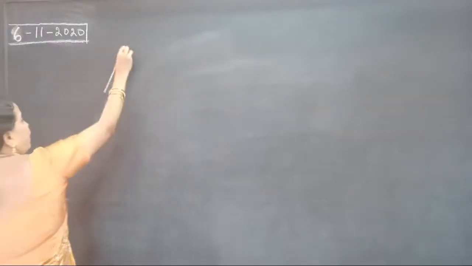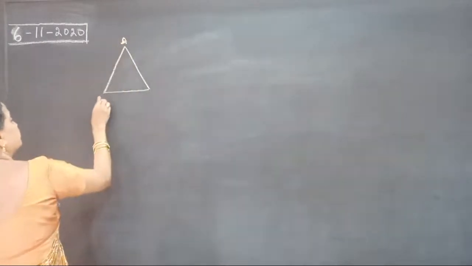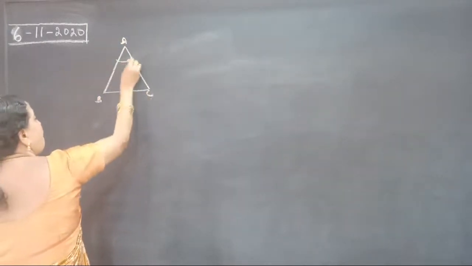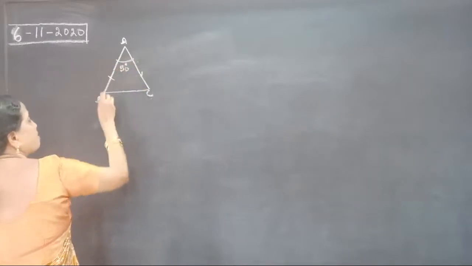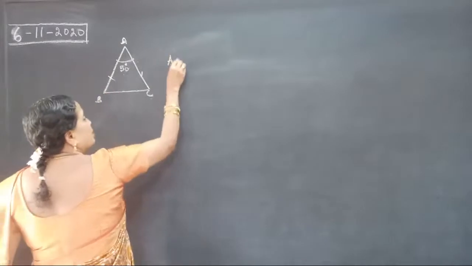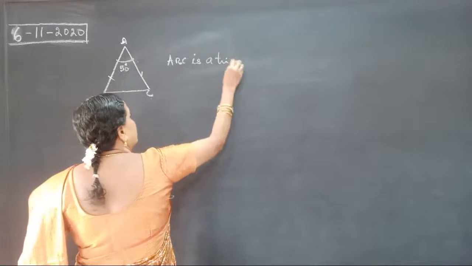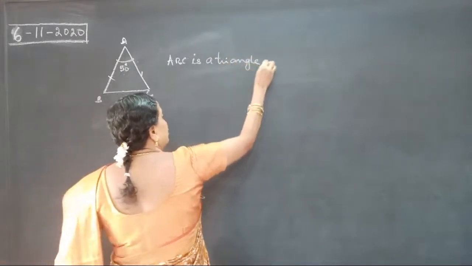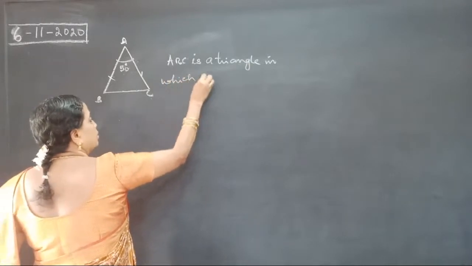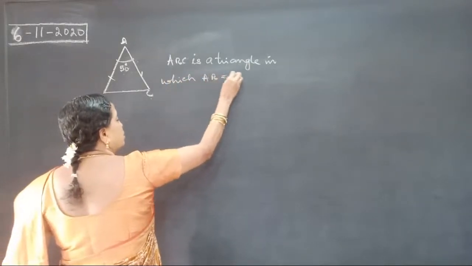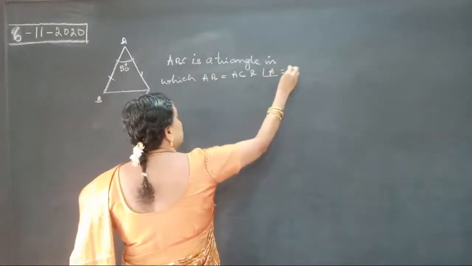Draw the figure of a triangle. ABC is a triangle in which AB equals AC, angle A equals 50 degrees.